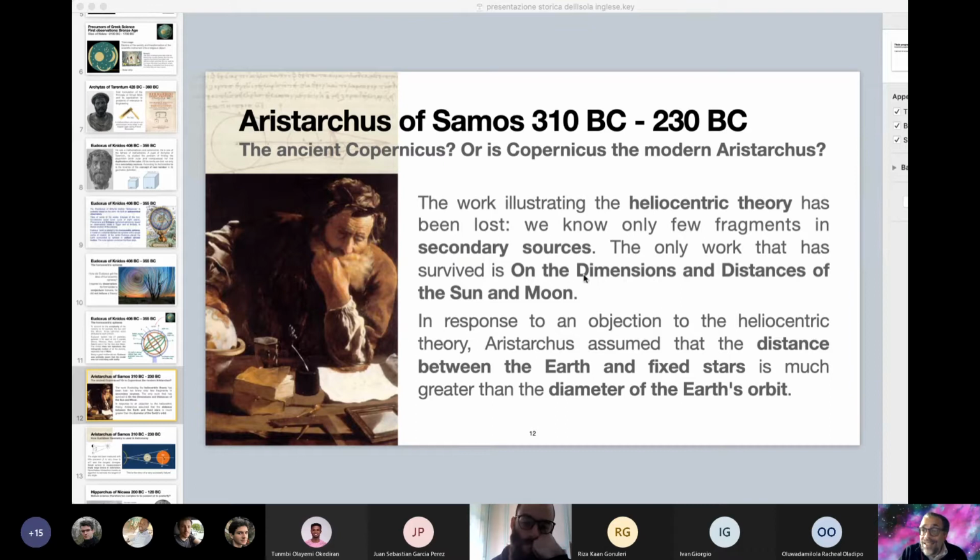Now you understand the reason for which he was sticking to a scientific project to measure the dimensions and the distances of the Sun and the Moon. Unfortunately, Aristarchus died before completing his project.